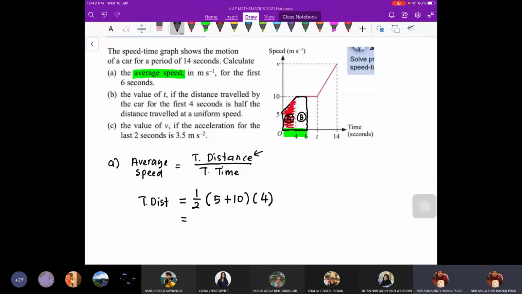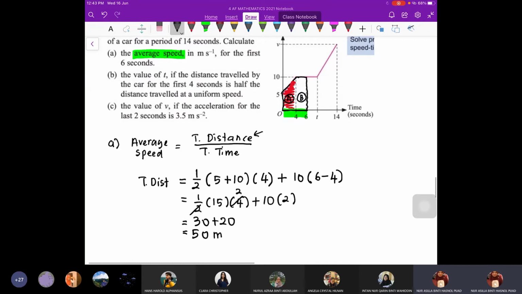Okay, so jadi belum lagi, plus lagi dengan B, rectangle B saya, which is 10 times 6 minus 4. Okay. Alright, so barulah kita simplify. 15 times 4 plus 10 times 2. 30 plus 20. So total distance is 50 meters.